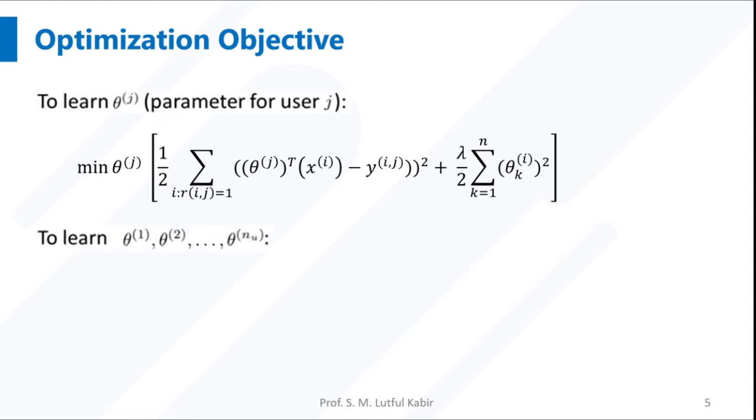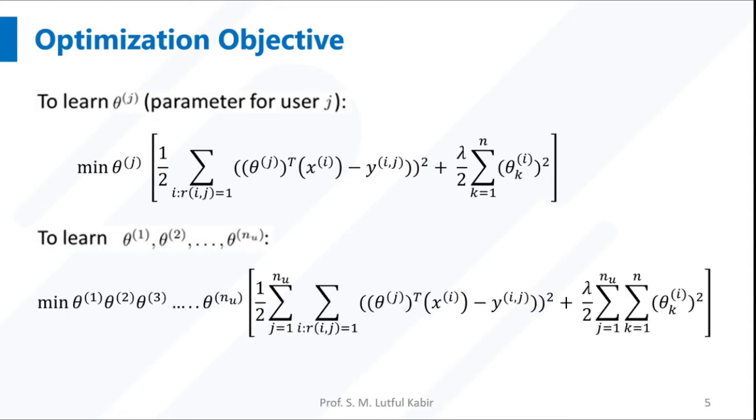But if you want to include all users, that means the error by all the users for all the movies, then the equation has to be extended by another summation term, j varying from 1 to nu, and this i has to be replaced by j. Then you can find out the total cost or total error. So you have to differentiate this error with respect to certain parameters of a certain user.